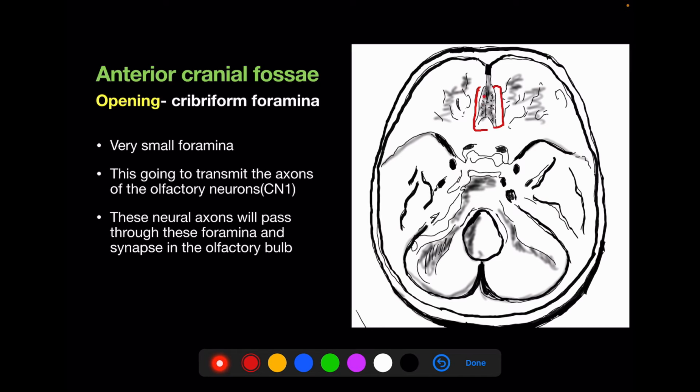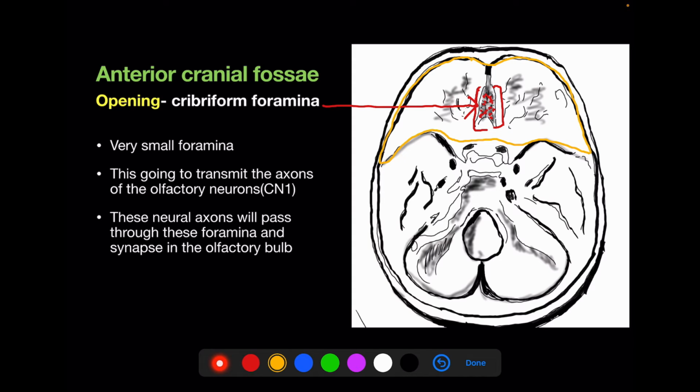This one, I am using red color to identify cribriform foramina here, and it is under anterior cranial fossa. As you can see, these are the borderline of anterior cranial fossa.